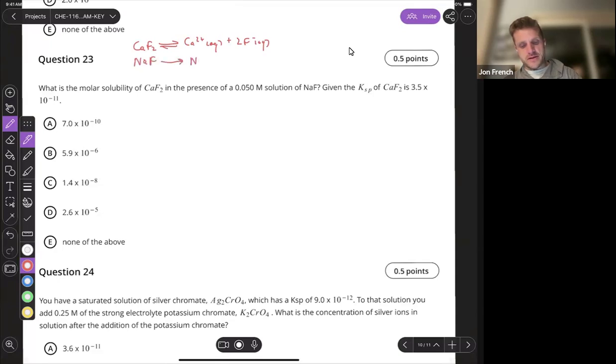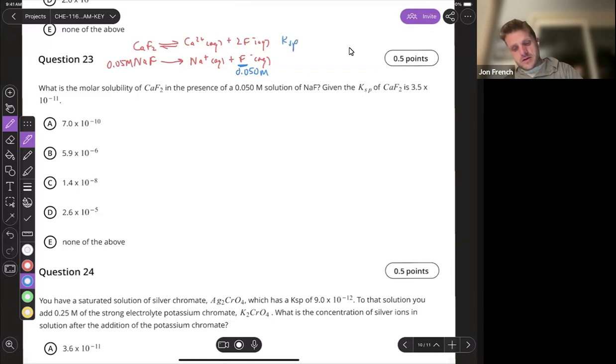It ionizes, gives me sodium and fluoride, right? And I have 0.05 molar sodium fluoride, which means I'm going to have 0.05 molar fluoride already in solution from my sodium fluoride.